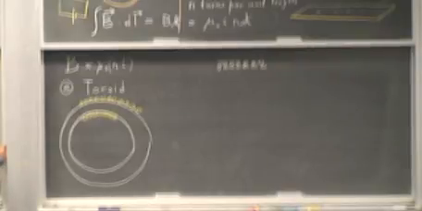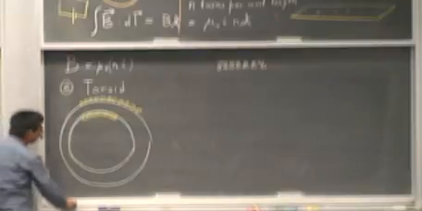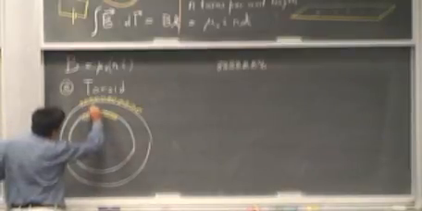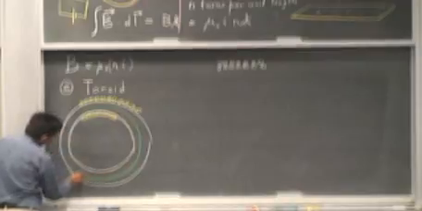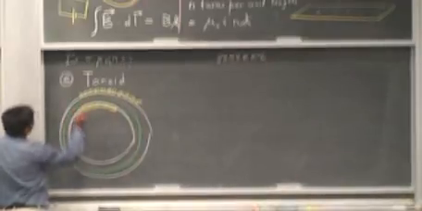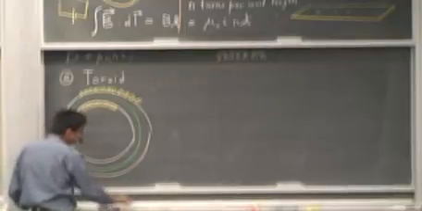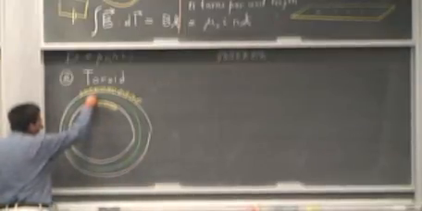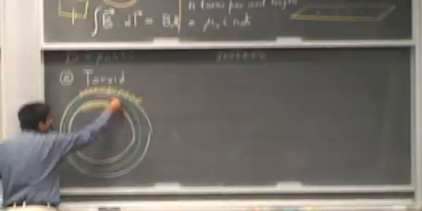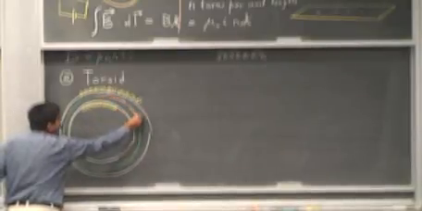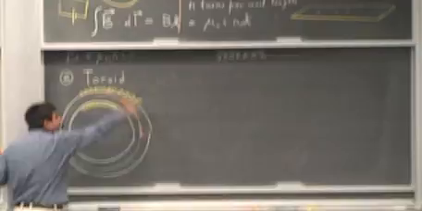Now I would like to calculate the field inside this toroid. So I draw a path like this. The magnetic field, by symmetry we know, is going to point along the tangent. It's circular, so it's always going to be parallel to the path.